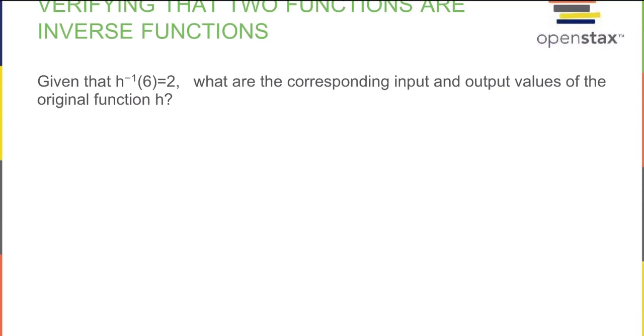So given that h inverse of 6 equals 2, what are the corresponding input and output values of the original function? So pause the video, try this one, and when you unpause, we'll go over it.